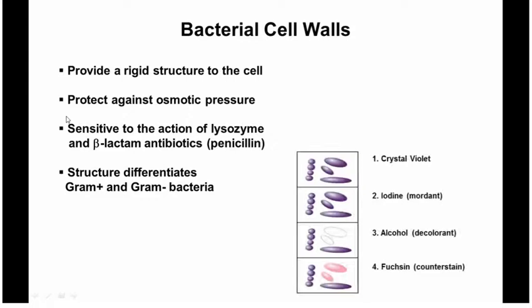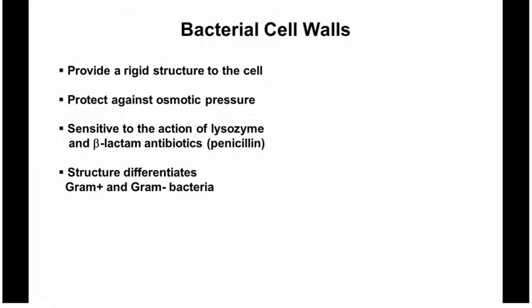The central part that is rigid in the bacterial cell wall is a polymer called peptidoglycan, and its synthesis is very, very highly conserved. And this is a kind of weak point in bacteria that can be attacked by molecules that are antibacterial.